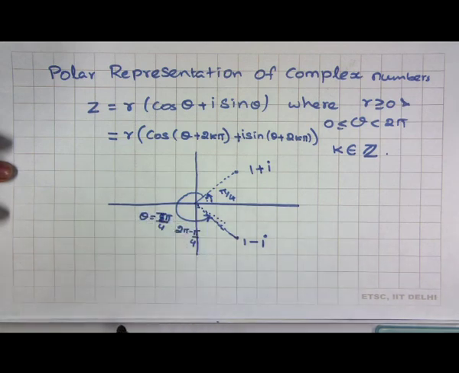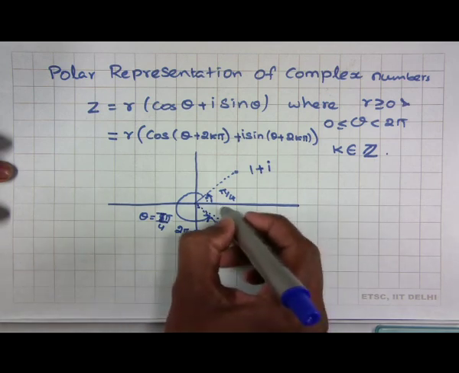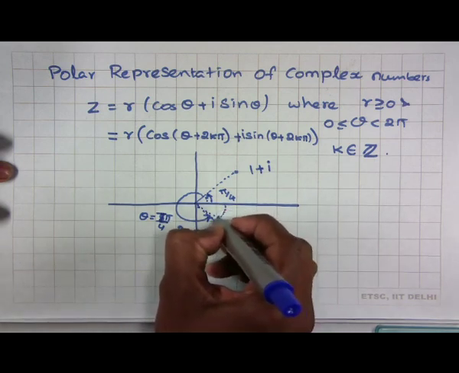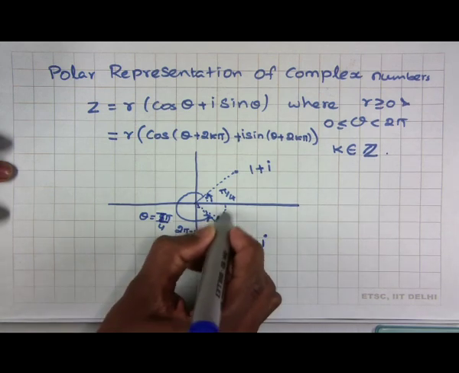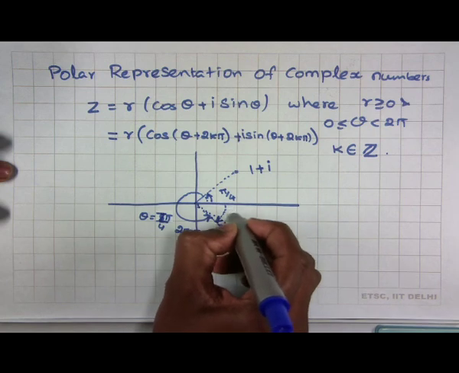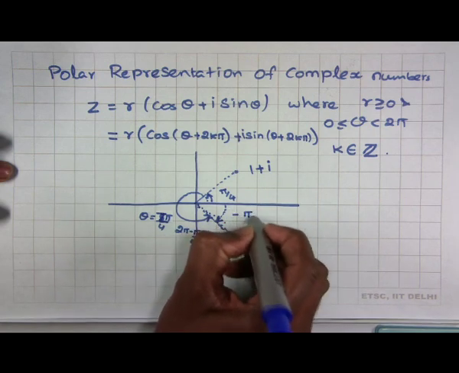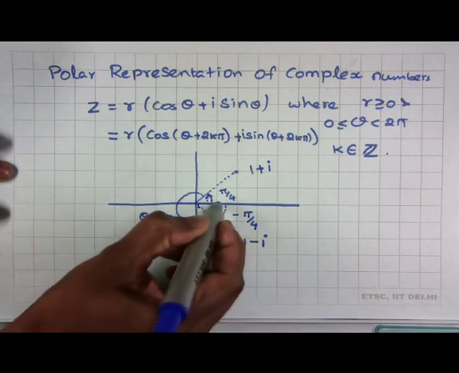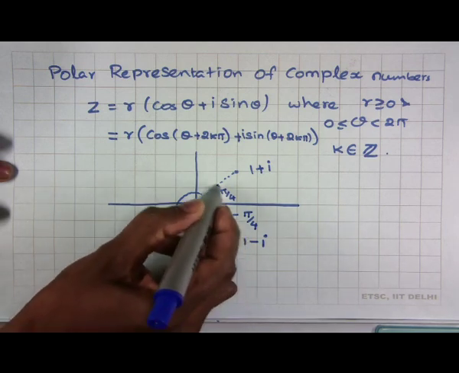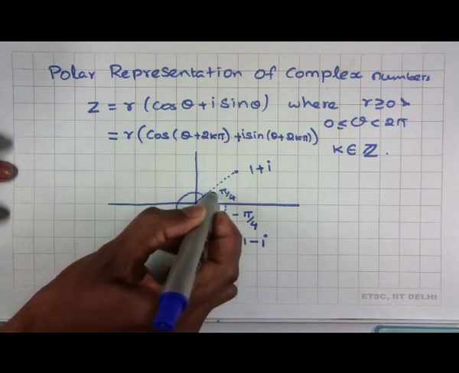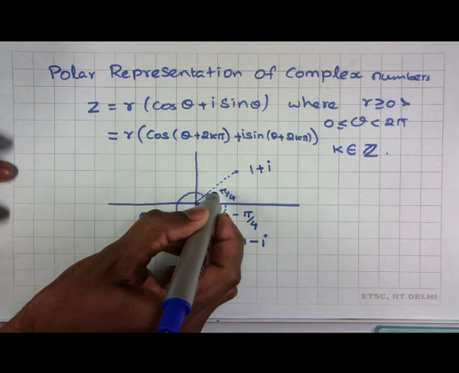The same angle can be realized by taking the clockwise direction from the x axis, which we denote as minus pi by 4. The reason is, when we are measuring the angle to the x axis, we are making the angle in the anti-clockwise, that is counter clockwise direction.